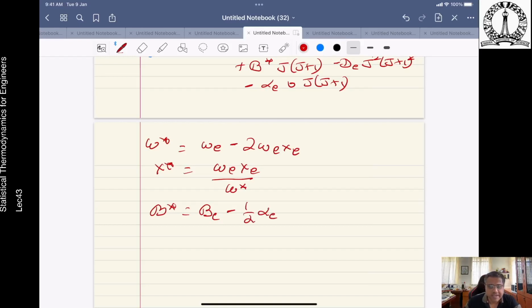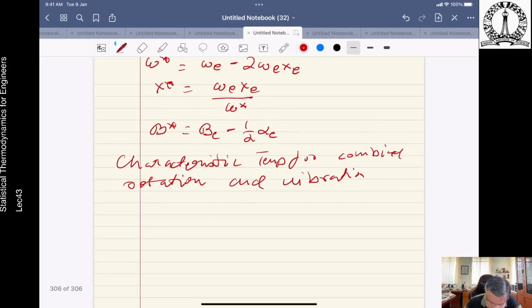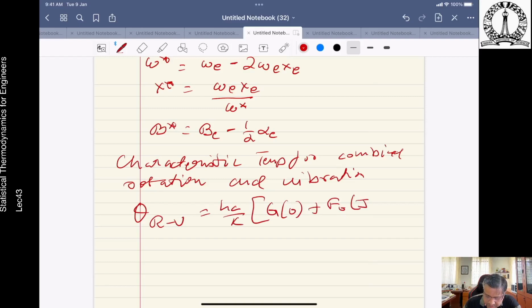We can also define a characteristic temperature for the combined rotation and vibration, so that we can write theta_RV equal to hc by k times (G_v plus F_vJ).